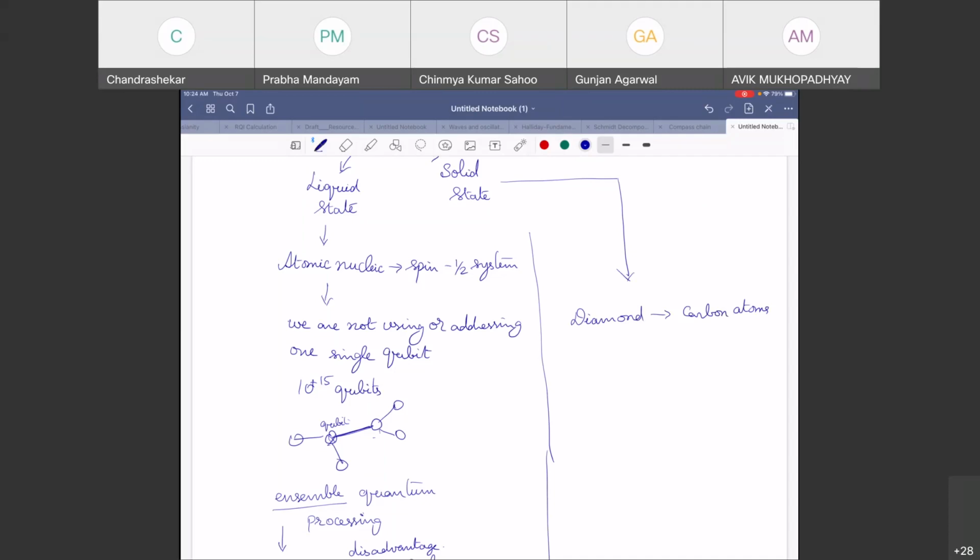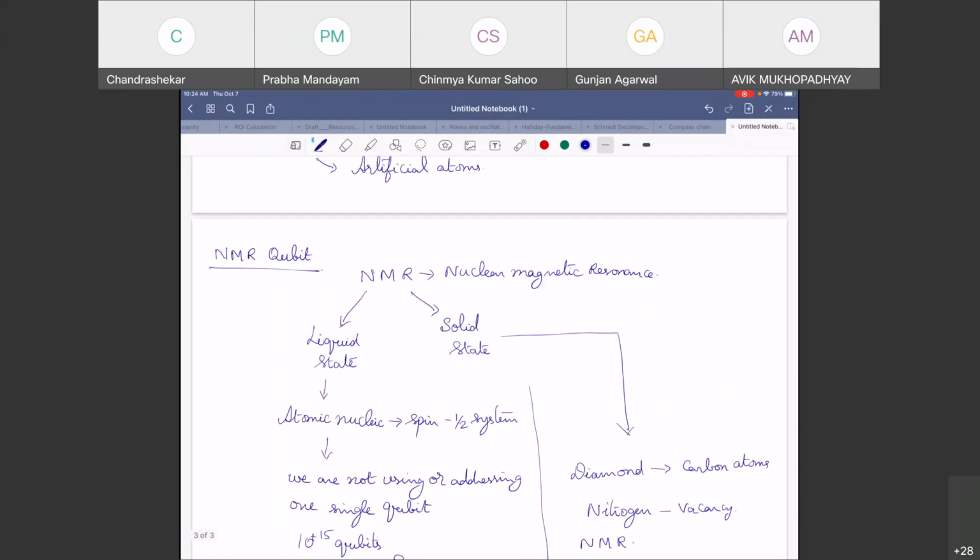Once you have a nitrogen atom, you also have a vacancy next to it. This nitrogen and the vacancy can be manipulated using nuclear magnetic resonance to give a solid for doing quantum computation. This is solid state NMR. So these are the two forms of NMR qubits.